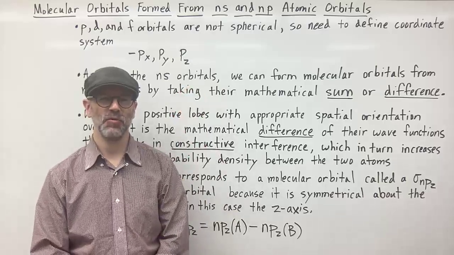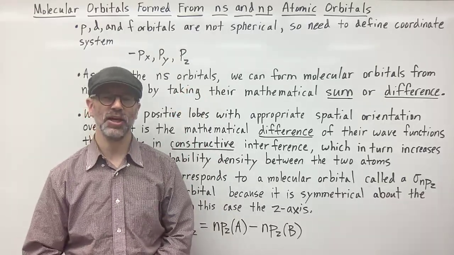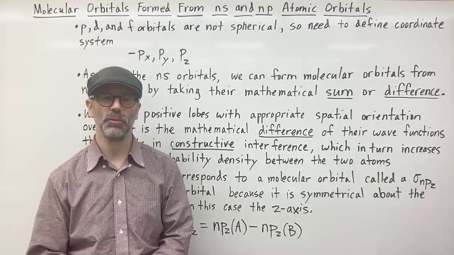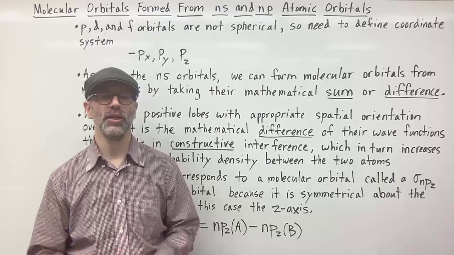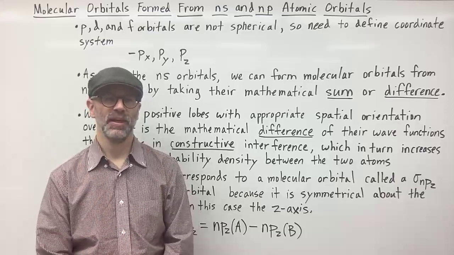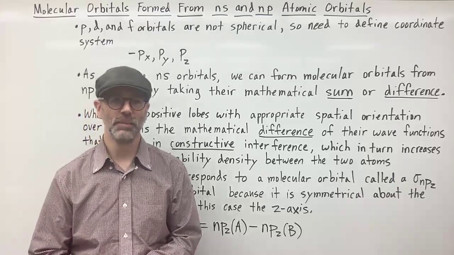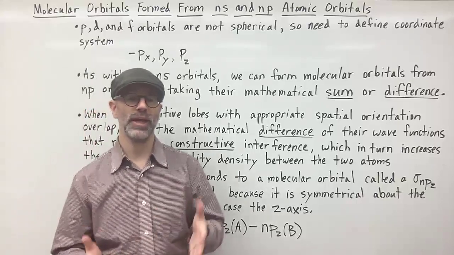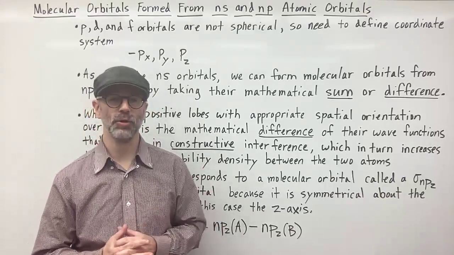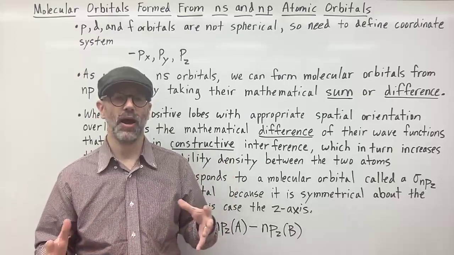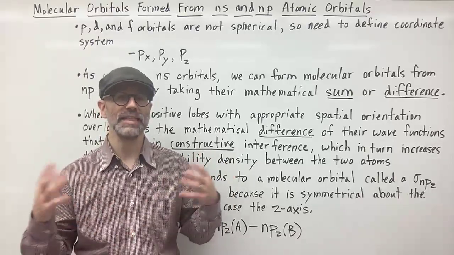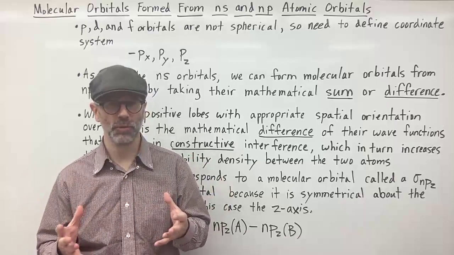My name is Mr. Cobalt, and in this video we're going to be talking about molecular orbitals that are formed from your s and your p atomic orbitals. So let's get into this. The first thing to talk about is that you can get molecular orbitals just like we added and subtracted the s orbitals on different atoms to form molecular orbitals, right?